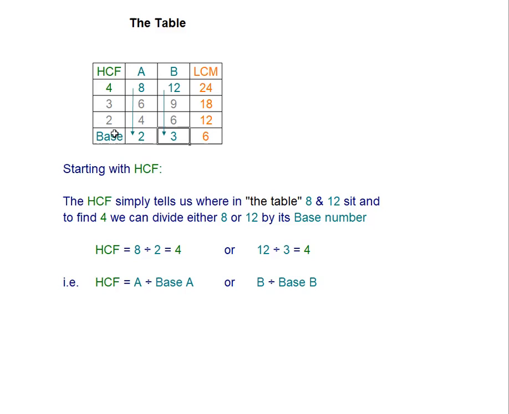And to find that position, all we have to do is say it's equal to A divided by its base, which is 8 divided by 2 is 4, or equal to B divided by its base, which is 12 divided by 3, which is 4.